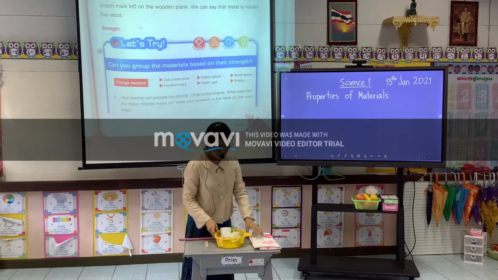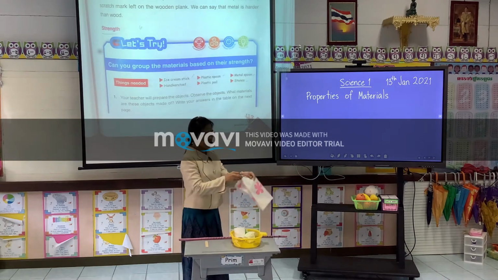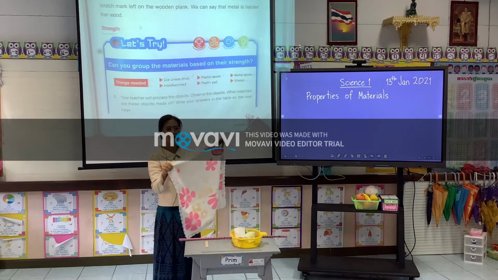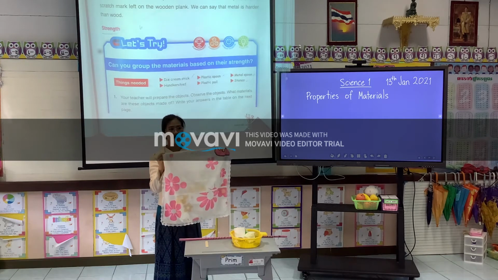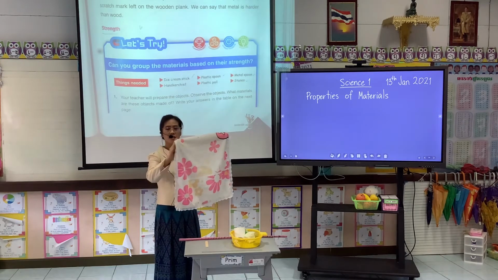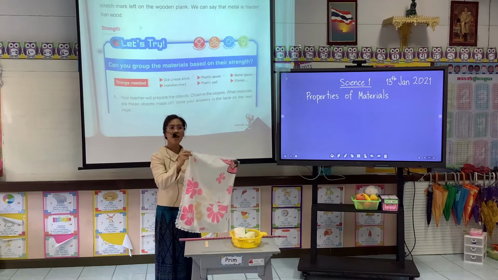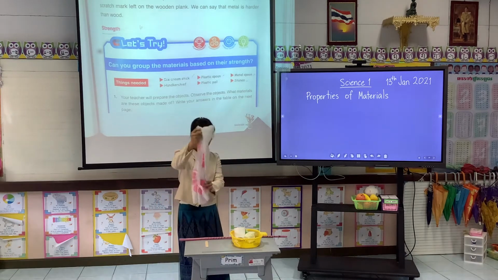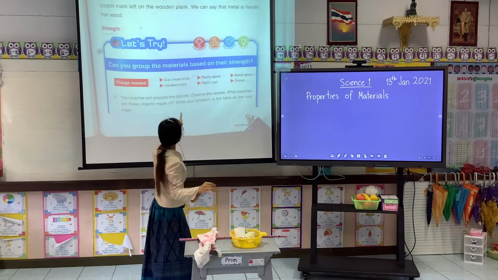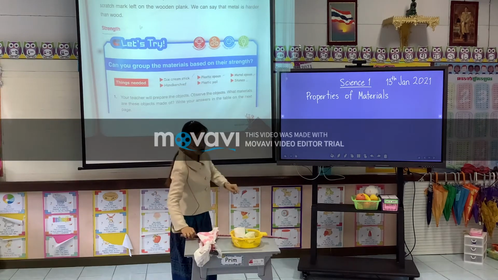Now, since we don't have handkerchief, this is also a material. It is cloth, fabric. It looks like it's the same as the handkerchief. So check. Next one, plastic spoon.